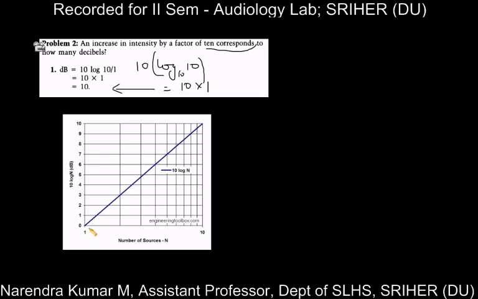For example, here in this graph, you can see that the x-axis is the number of sources. When there are 2 sources, there will be an addition of 3 decibels. When there are 3 sources, the addition from the combined source is going to be 4.8 decibels. So 50 dB plus 50 dB plus 50 dB will result in 54.8 dB.